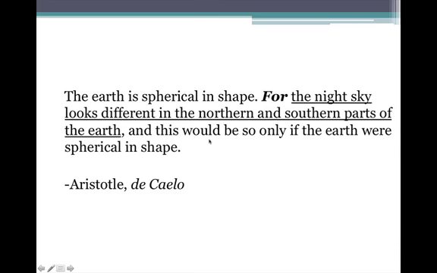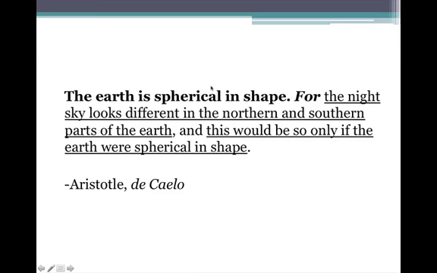It does supporting in conjunction with this claim. This would be so only if the Earth were spherical in shape. So it looks like we've got ourselves a two-premise argument, and we found these premises by looking at what came after the indicator word. Then once we've identified these premises, it's pretty obvious what the conclusion is, namely that the Earth is spherical in shape.